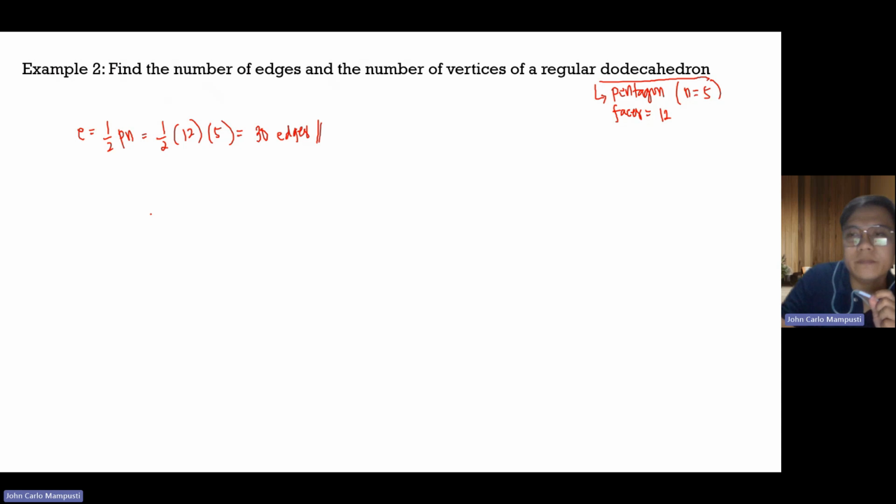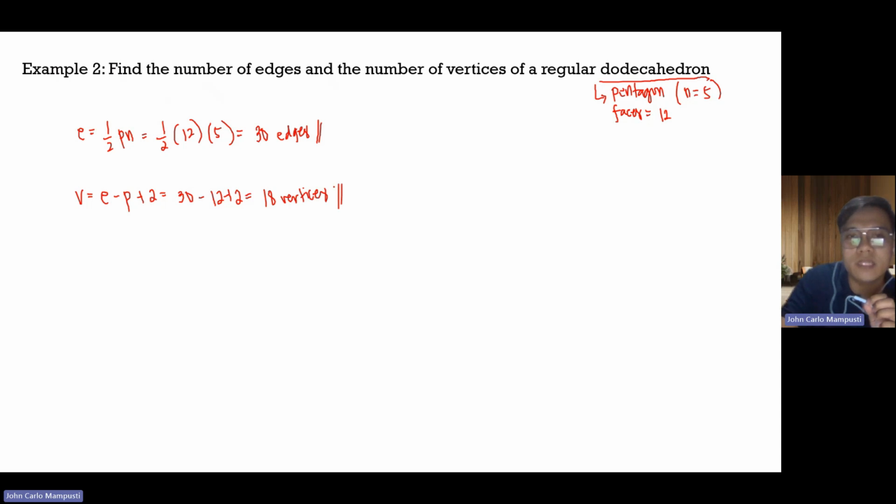Tingnan natin mamaya kung tama tayo. The next one, we have the number of vertices. V is equal to E minus P plus 2. So yung E natin, this is 30 minus P natin, which is number of faces, 12 plus 2. So, 30 minus 12, this is 18 plus 2, which is equal to 18 vertices.